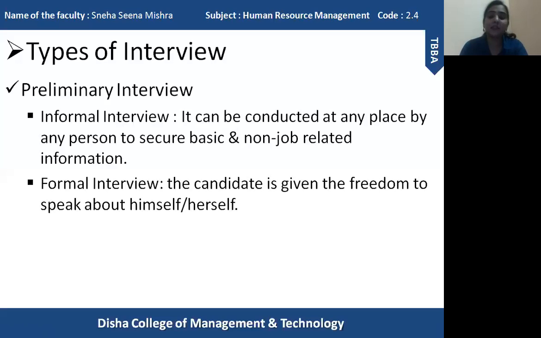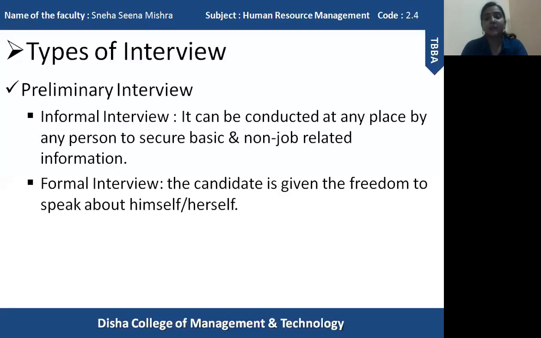Now, this preliminary interview can also be divided into two categories. First one is informal interview and the second one is the formal interview. The informal interview can be conducted at any place by any person, and it is simply conducted to obtain some basic information regarding the name, address and other non-job related information, like the address of the candidate, the telephone number, email address, all those things.